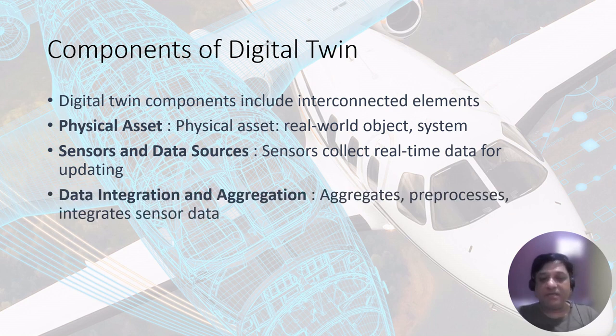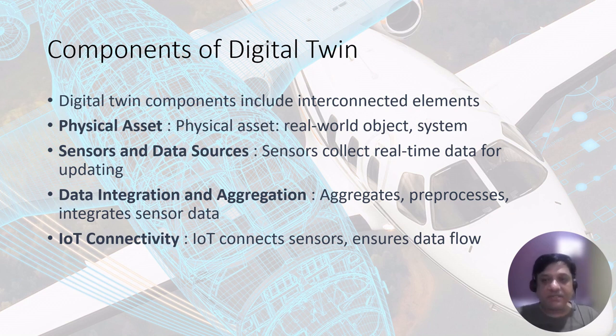Third is data integration and aggregation. Data from various sensors and sources need to be aggregated and integrated into a unified format. This often involves data pre-processing, cleaning, and transformation before it can be used to update the digital twin.